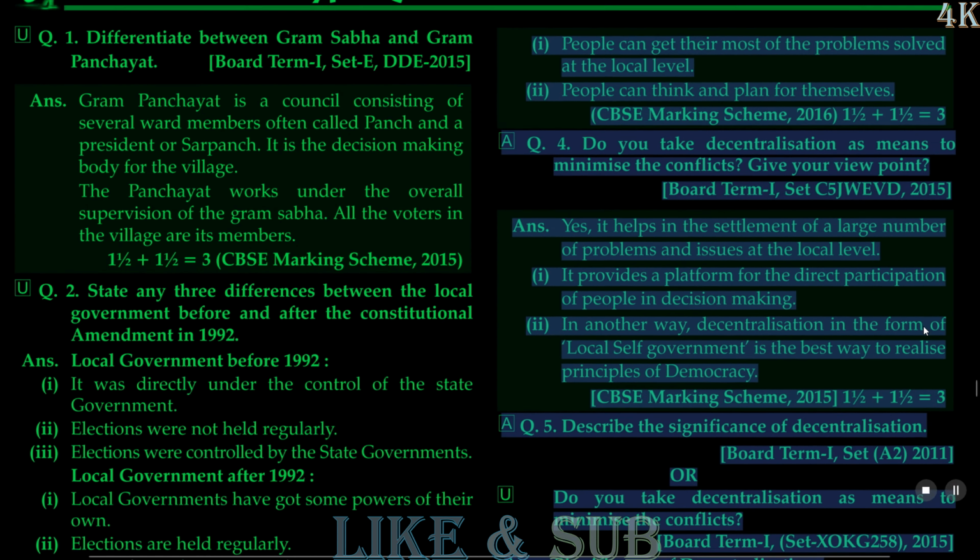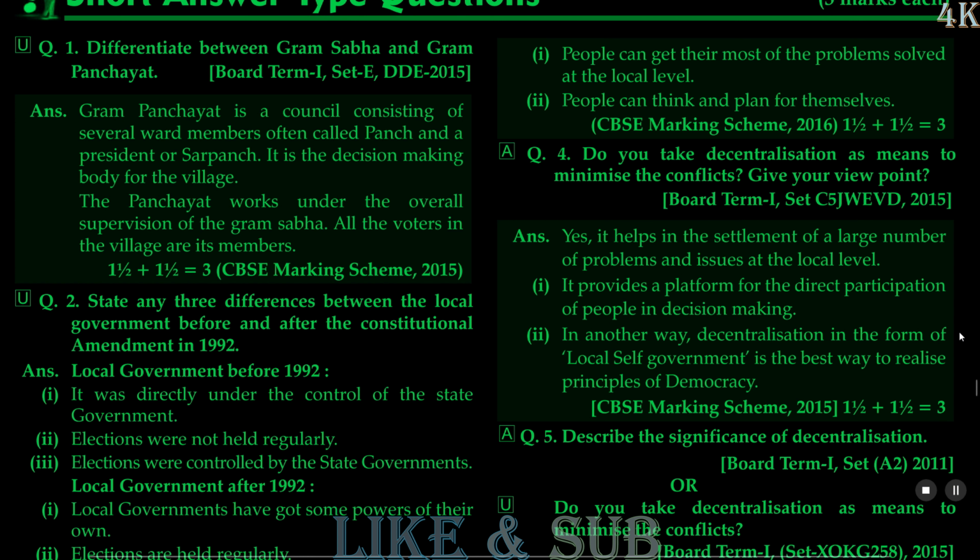People can get most of their problems solved at the local level. 2. People can think and plan for themselves. CBSE Marking Scheme, 2016, 1 1/2 plus 1 1/2 equals 3.